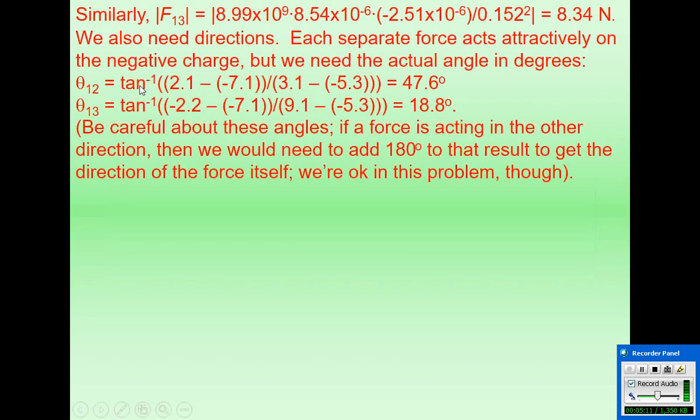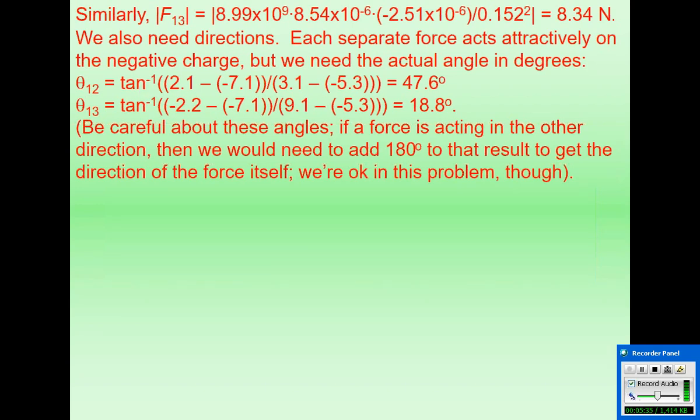And we can take advantage, once again, of some basic trigonometry. The tangent of an angle is equal to opposite over adjacent. And in many circumstances, opposite is the difference in y, and adjacent is the difference in x.